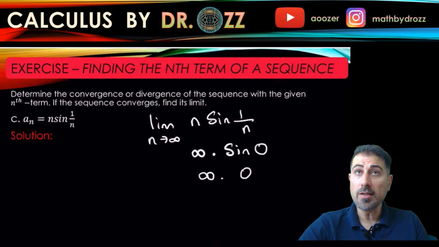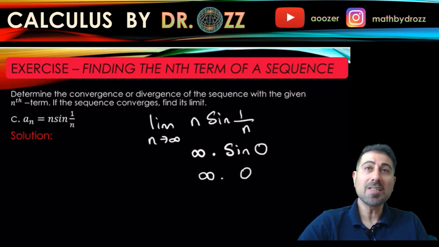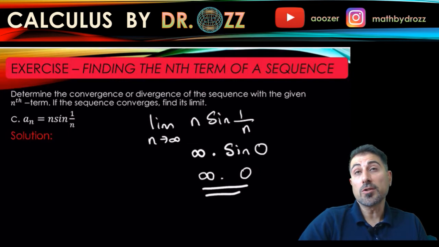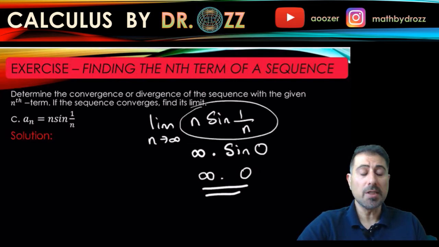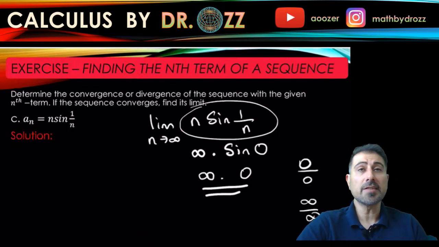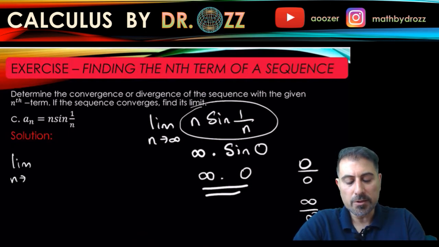that we dealt with in Calc 1. I just wanted to remind you of the use of L'Hopital's rule, because when you have this kind of indeterminate form, what we do in general is convert this description of the sequence into either 0 over 0 or infinity over infinity type indeterminate form. So we're just going to rewrite that. Let's do it real quick.